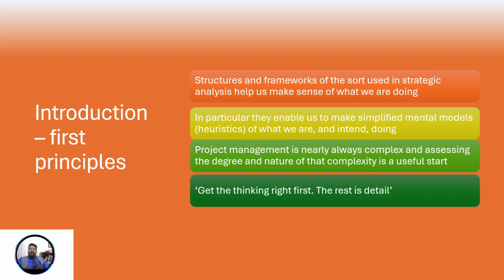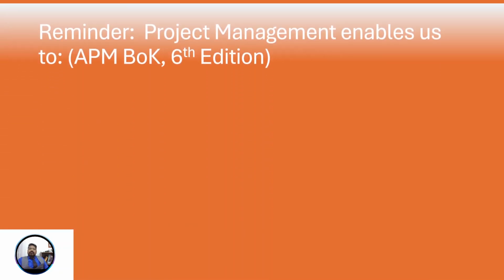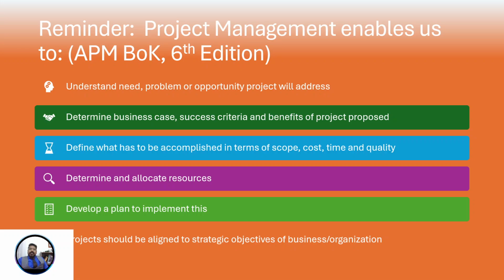Okay, an introduction to a few features, structures, and frameworks of the sort. Using strategy analysis helps us make sense of what we are doing, because the projects and strategies should be in alignment. You should not choose a project which is not in alignment with the strategy or the vision of the organization. Reminder: project management enables us to understand the need, problem, or opportunity the project will address.